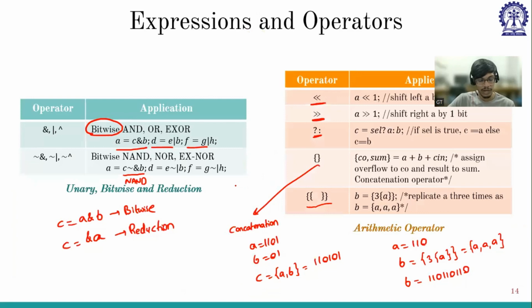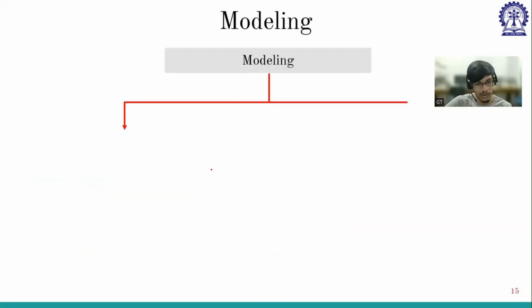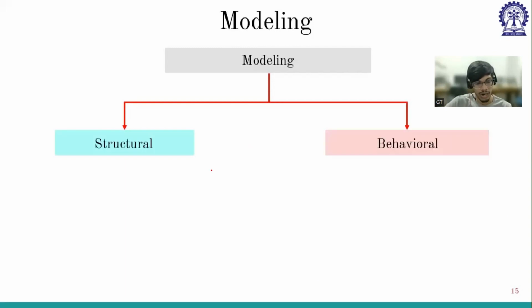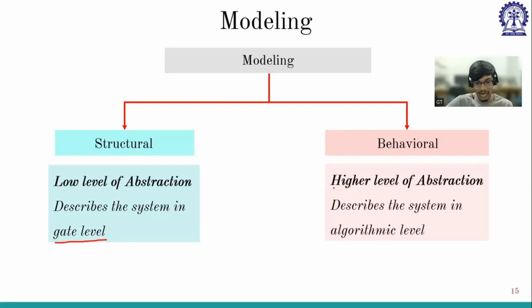So we have completed the expressions and the operations. Now, different types of modeling. A code can be written in different ways. Structural is the low level of abstraction, so here we are writing at gate level. Behavioral is a higher level of abstraction. Here we will not go to gate level, because if every code goes into gate level, it will be very difficult.